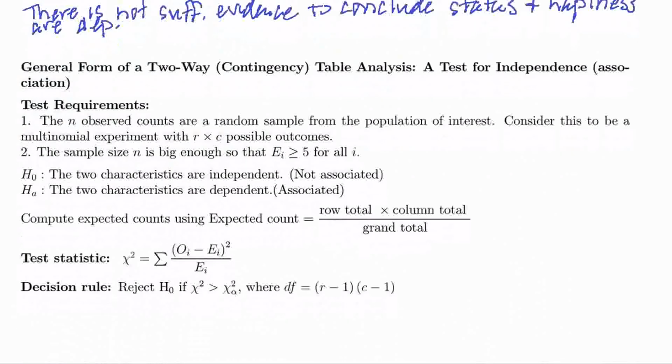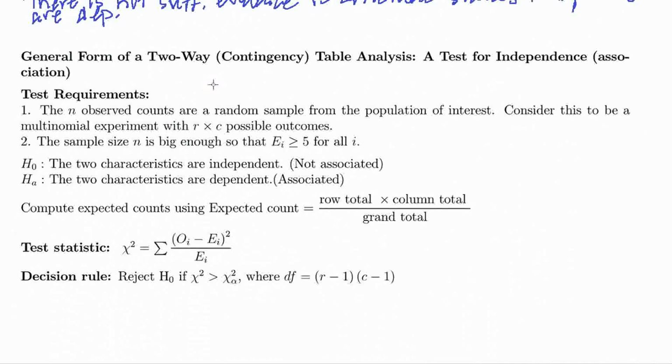So based on that, here is the general form of a two-way contingency table analysis, or test of independence. So our test requirements are that the n observed counts are a random sample from our population of interest. This is considered a multinomial experiment with R times C, rows times columns, possible outcomes. Your sample size n has to be big enough so that the expected counts are at least 5.